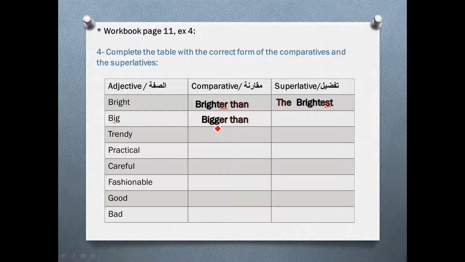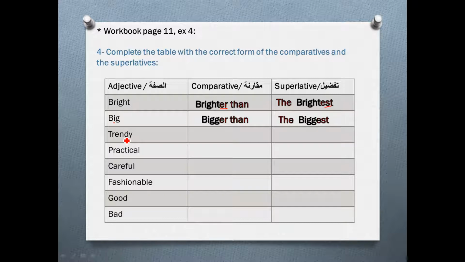Okay, so you can notice that the G is doubled, bigger than, and the superlative is the biggest. Always focus, do not forget about the than and the. لا ننسى دائما استخدام than في المقارنة وذا في التفضيل.